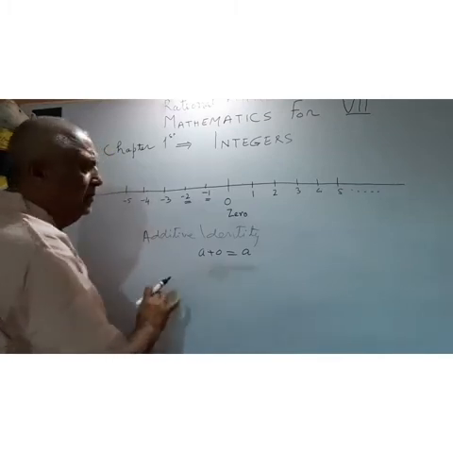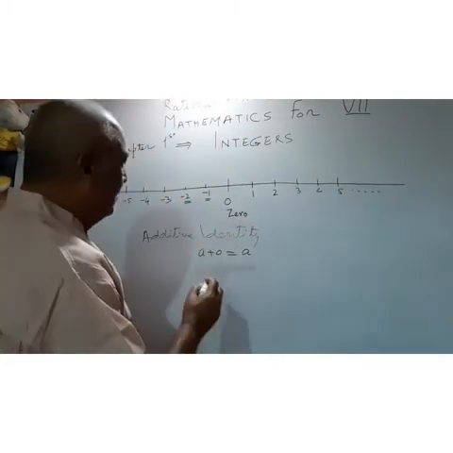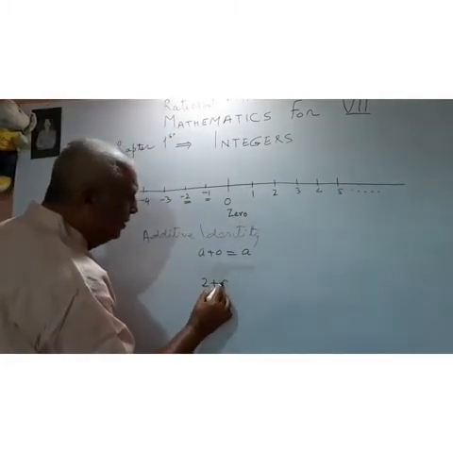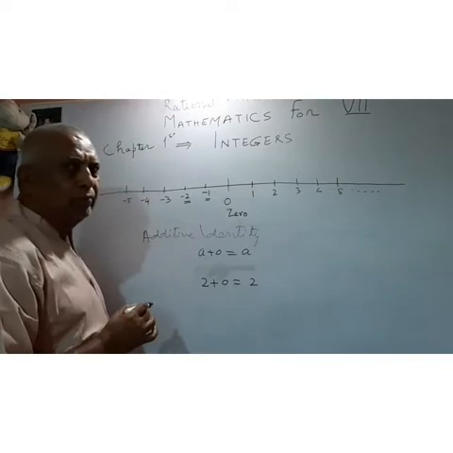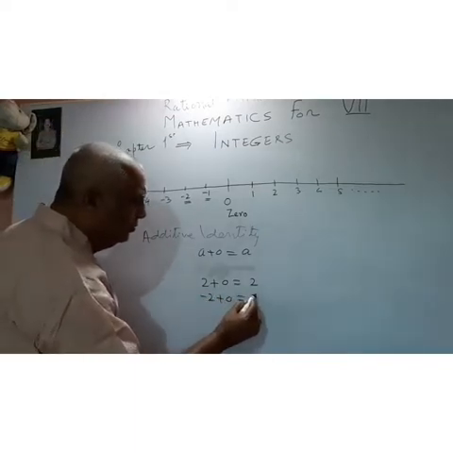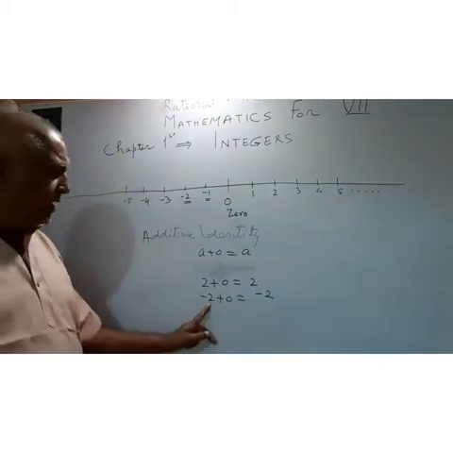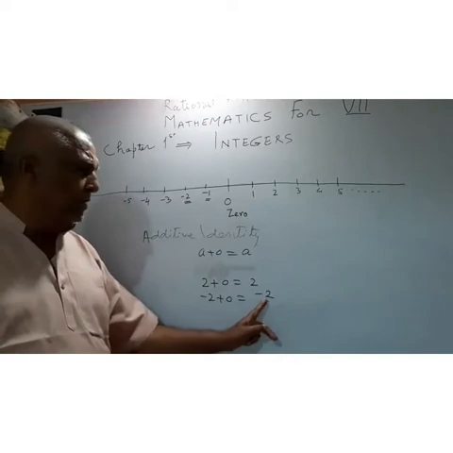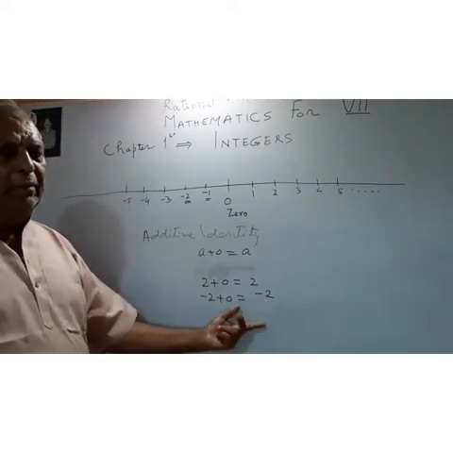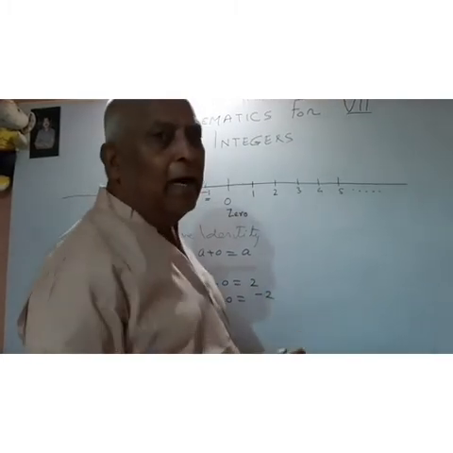This much is sufficient. A plus 0 is equal to A. Means 2 plus 0 is equal to 2. Minus 2 plus 0 is equal to minus 2. Minus integer added to 0 will give minus integer. Same, no matter.